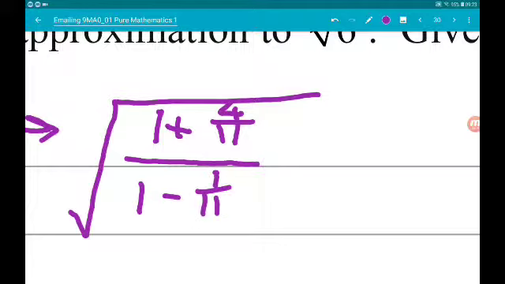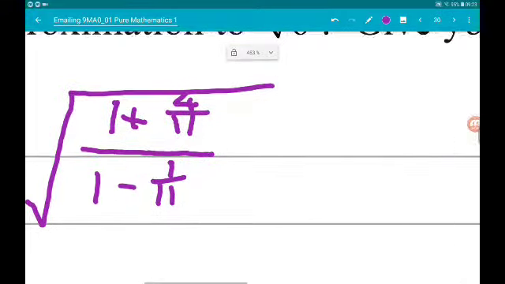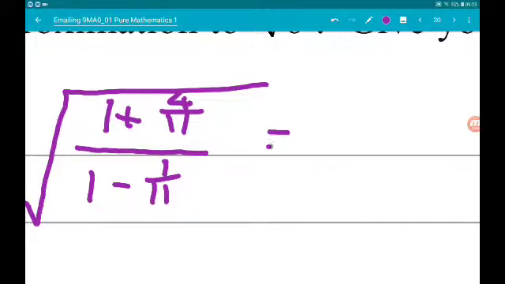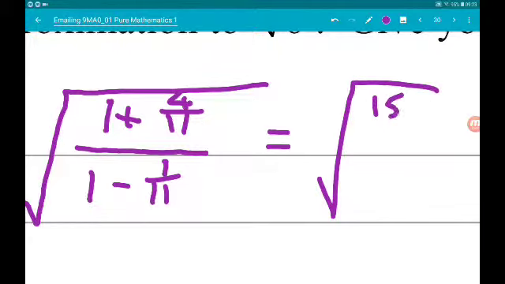So let's just worry about simplifying that for the moment. So that's going to give us 11/11 add 4/11. So that's square root 15/11 over 10/11.